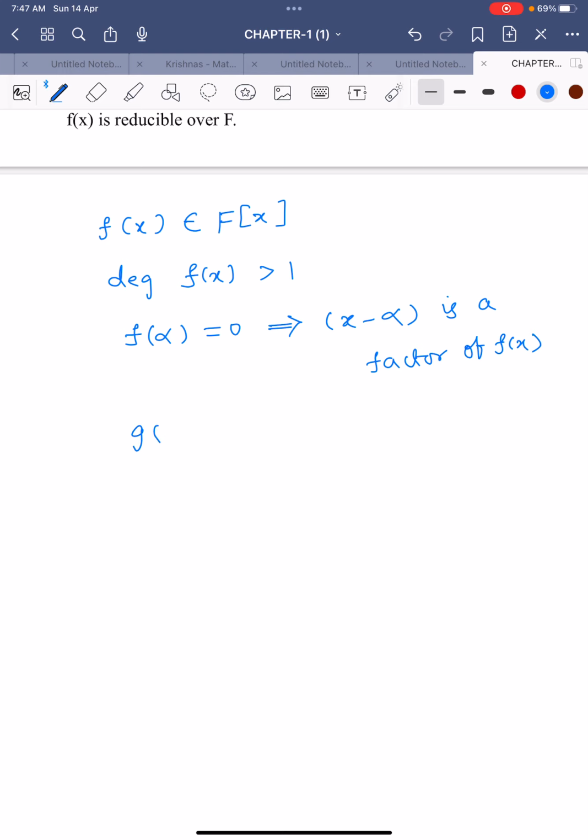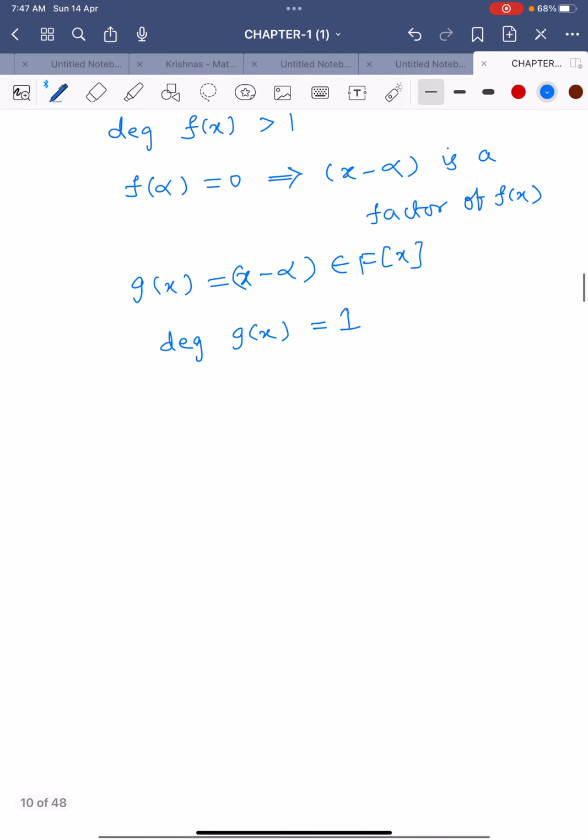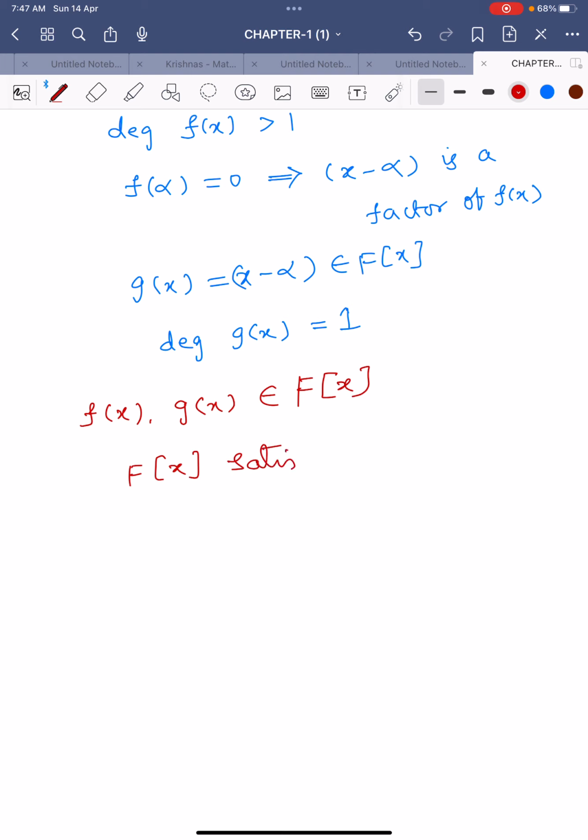Take g of x equal to x minus alpha, which belongs to capital F of x, and you remember that the degree of g of x is equal to 1. Now we have two polynomials, f of x and g of x, both belonging to the polynomial ring capital F of x, and capital F of x satisfies the division algorithm.